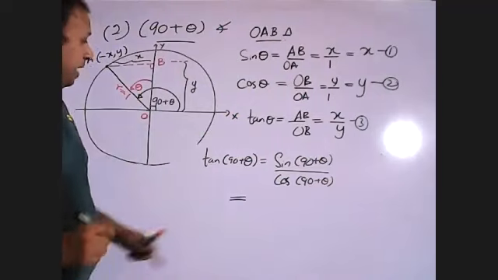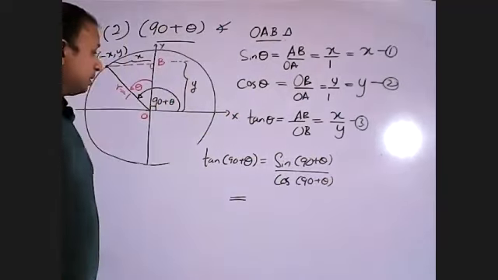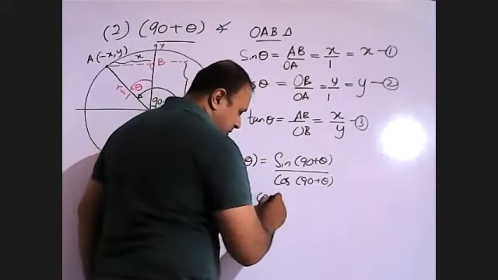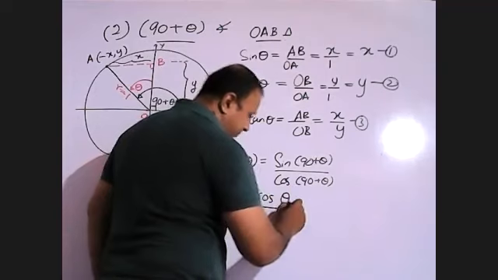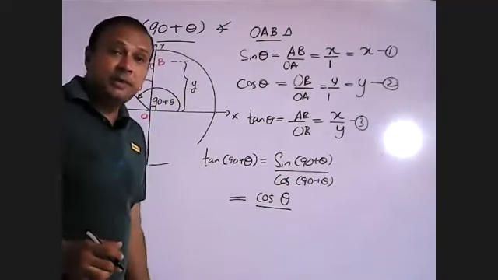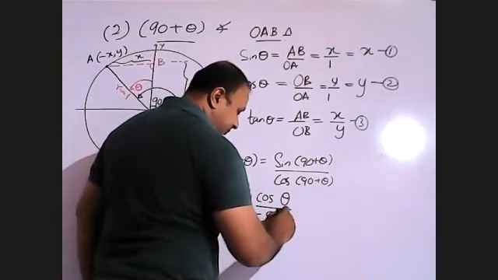We have determined sin 90 plus theta is equal to cos theta, and cos 90 plus theta is equal to minus sin theta.